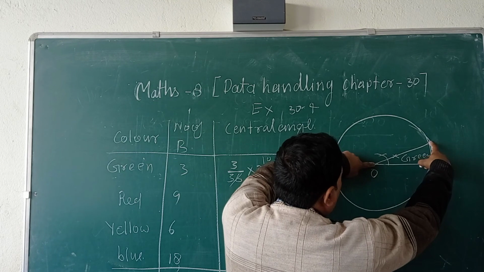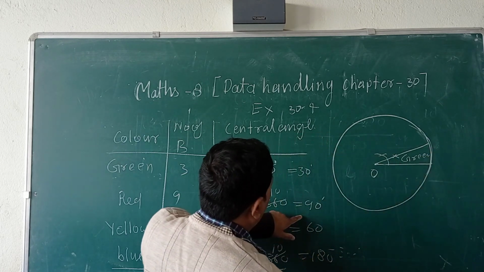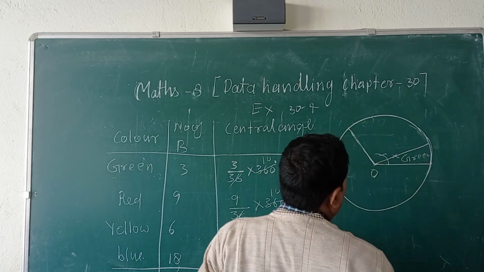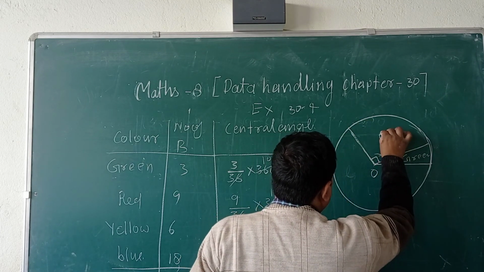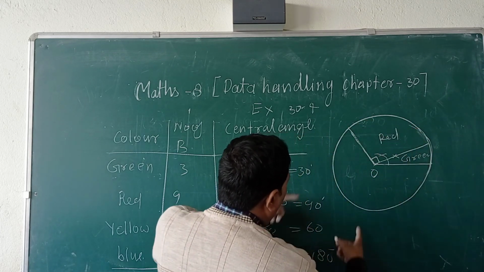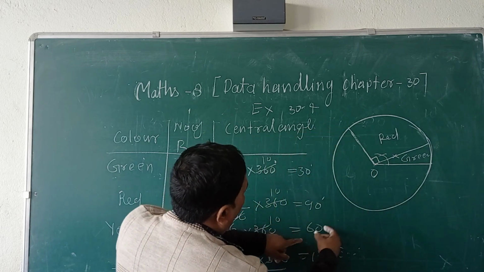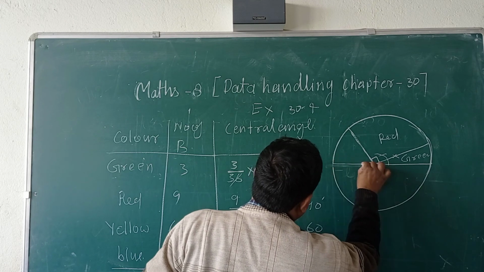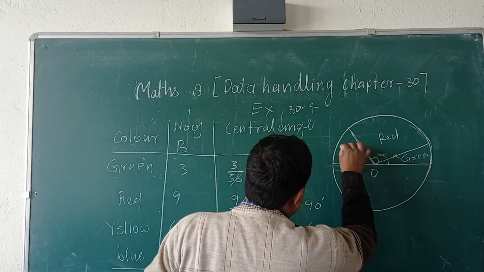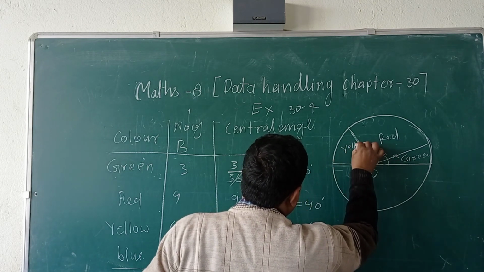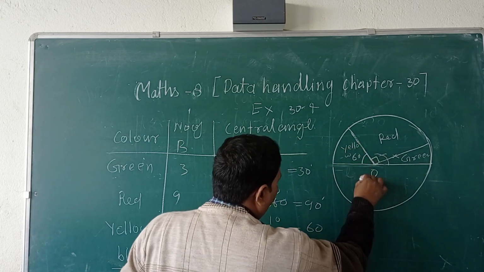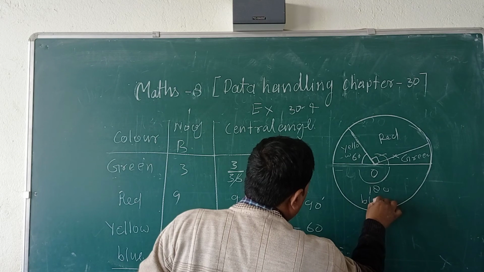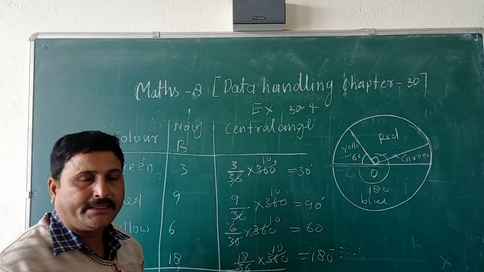On this side, construct the other angle, 90 degrees. This is red. On this side, construct the next angle, 60 degrees. Remaining 180 degrees. This is blue color. This is your pie chart.